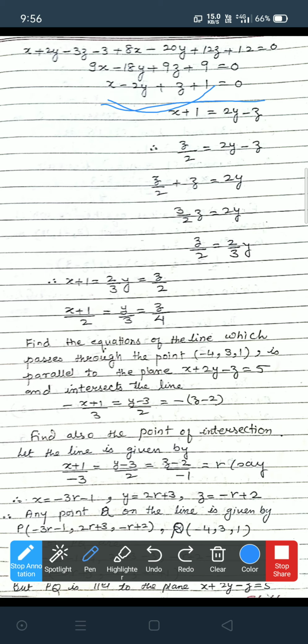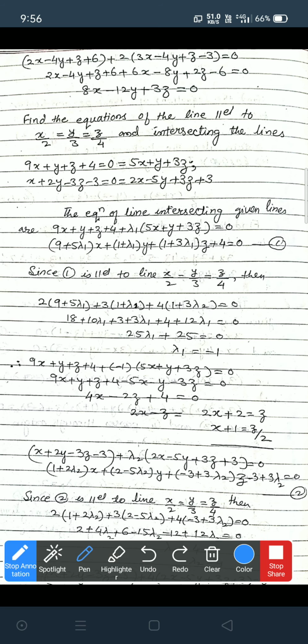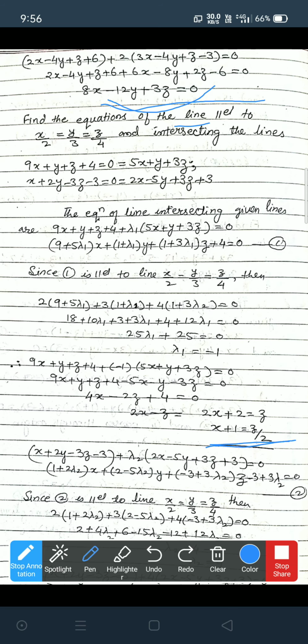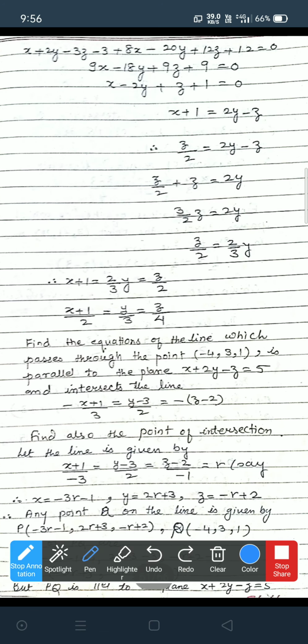So x plus 1 is equals to z by 2. So this is x plus 1 is equals to z by 2 is equals to 2y minus z.